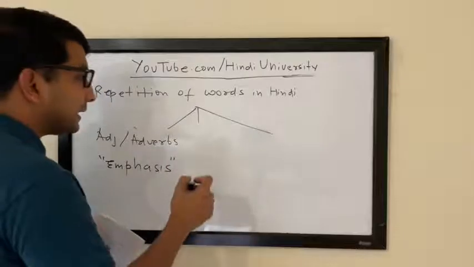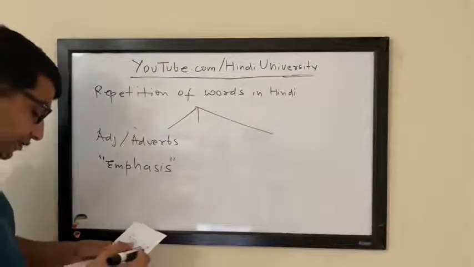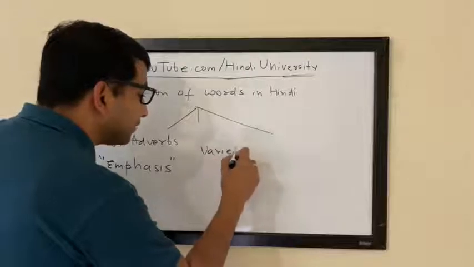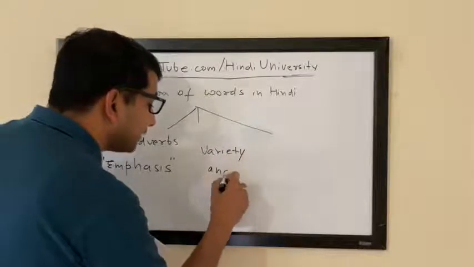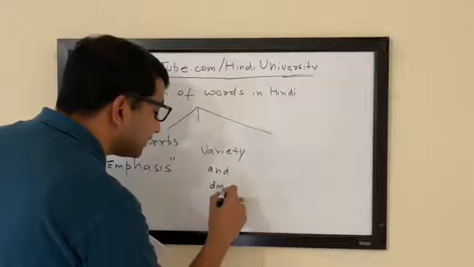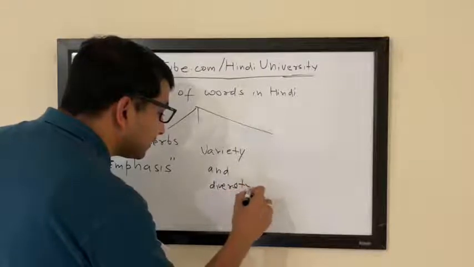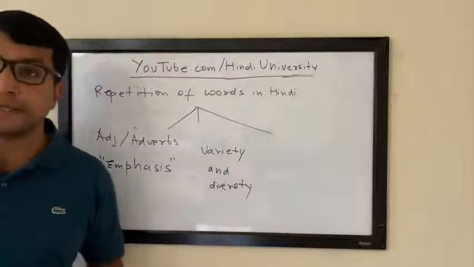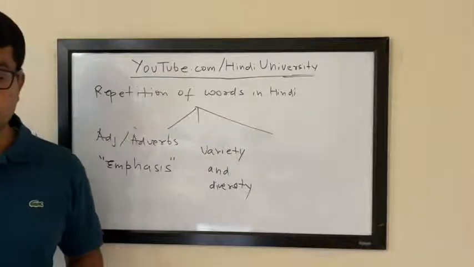The second category is when you are trying to describe variety and diversity. For example, tarah is also one of the keywords that is used repeatedly.